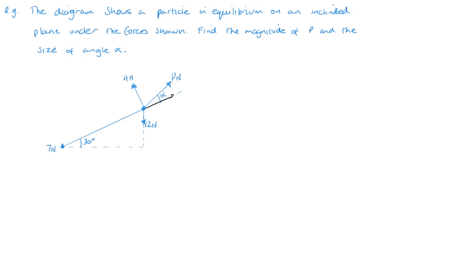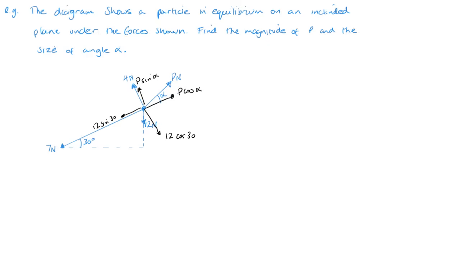So that is P cos alpha that way, P sine alpha that way, and then I've got 12 cos 30 there and 12 sine 30 that way. Okay, so that is my resolving done.